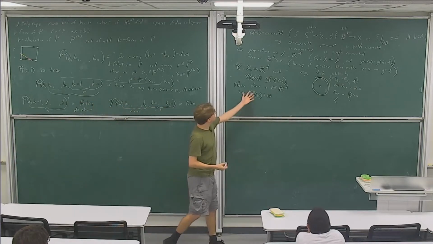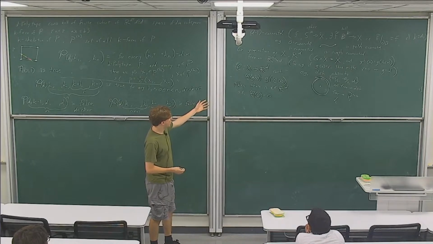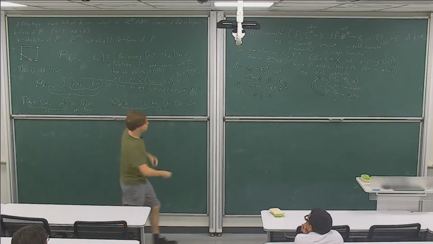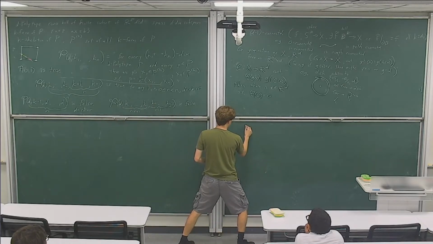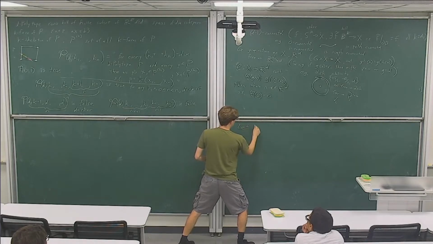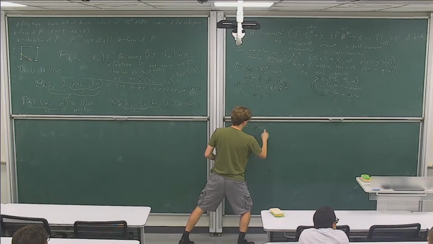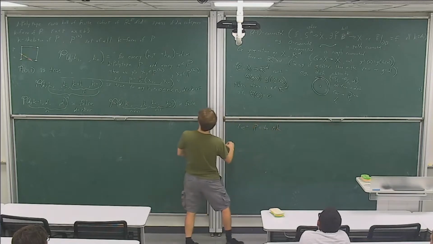So I want to define some function phi, which is measuring how far I am from a solution. So I'll take a set of endpoints. Let P be some nk polytope.